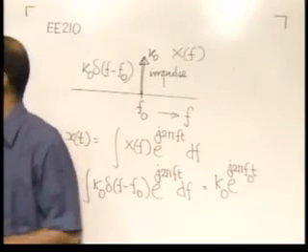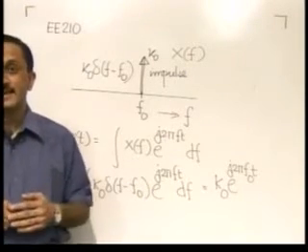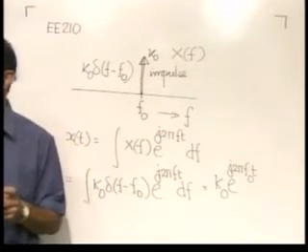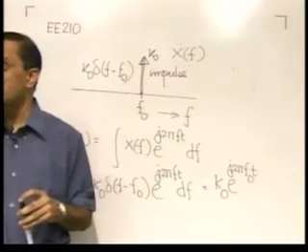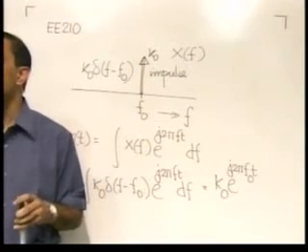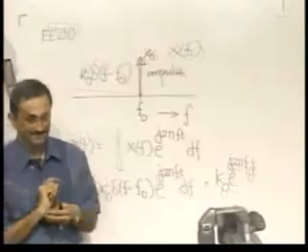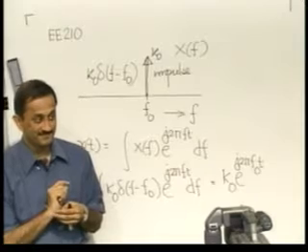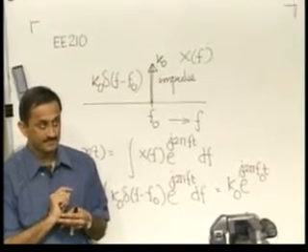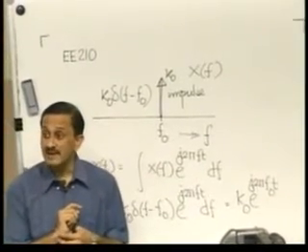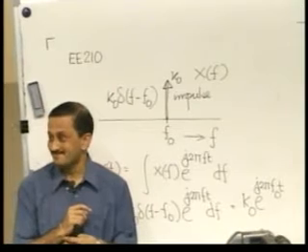So that's a convenient interpretation. It tells us that an impulse in the frequency domain located at f equal to f0 corresponds to a complex exponential. What does it also mean? It also makes a negative statement.